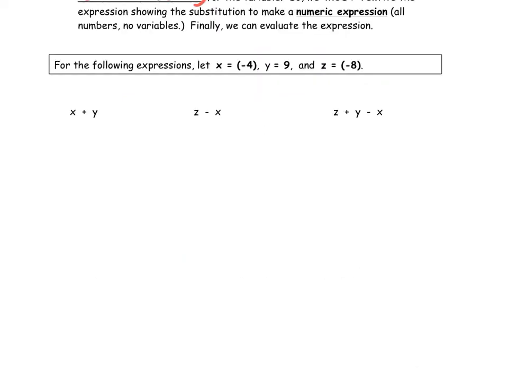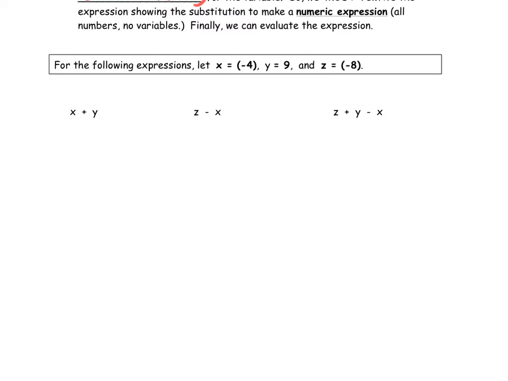When we're asked to find the value of algebraic expressions, they often give us numbers to fill in. So they said for the following expressions, let x equal -4, y equal 9, and z equal -8. So that's a lot of information. So I think, again, I might use a highlighter.